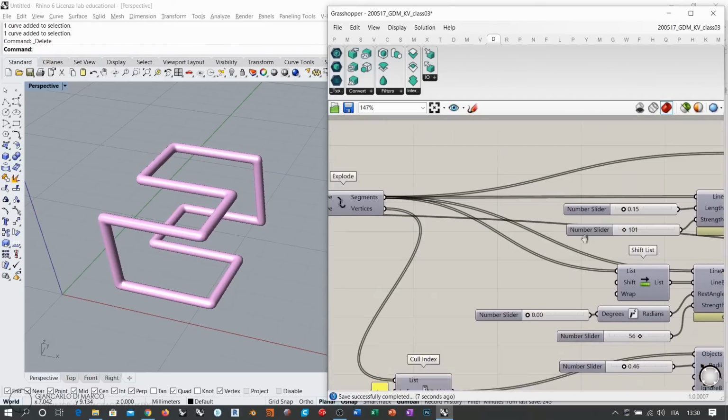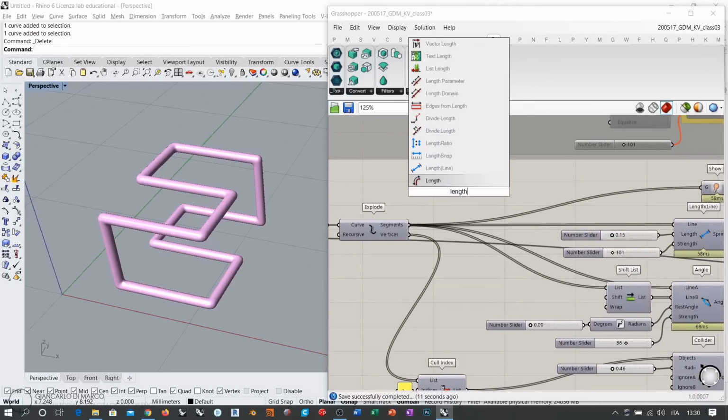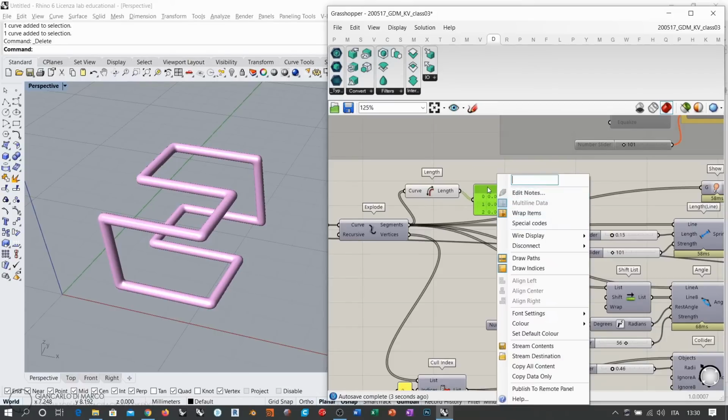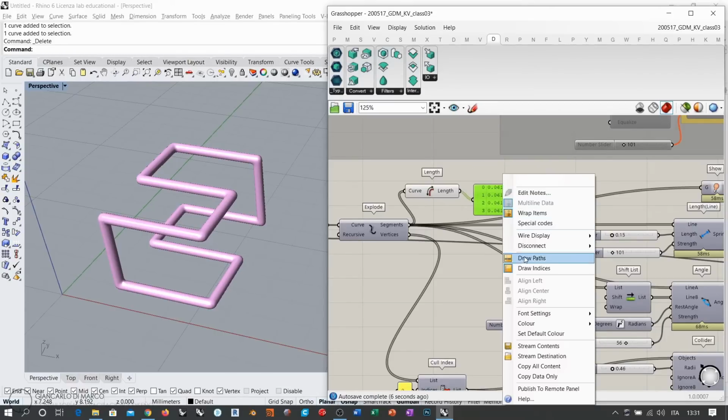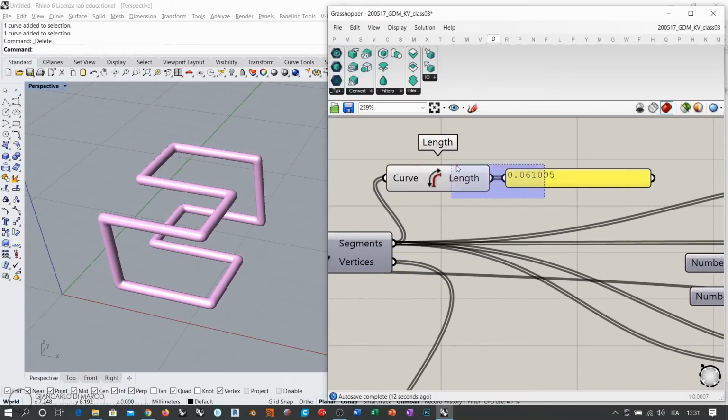Remember that when you change the geometry, you must tweak all the aspects. So one thing that you can do is to leave this length here with a panel always visible in your definition. Eventually get rid of panel, paths, and indices, because you just want to have an idea of what's the value of the length of your segments.